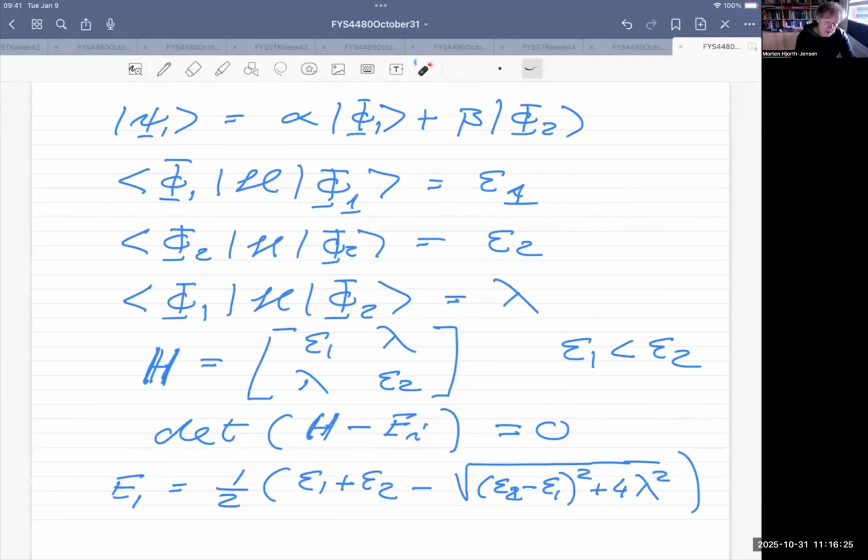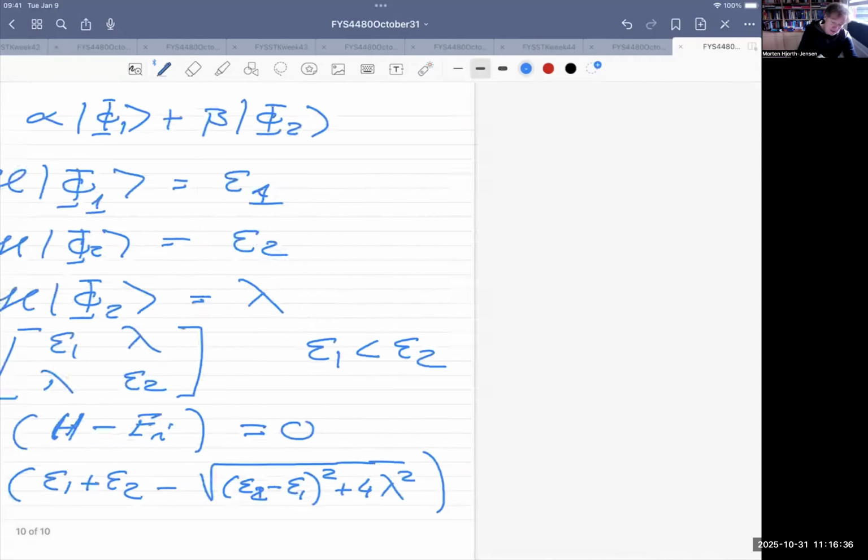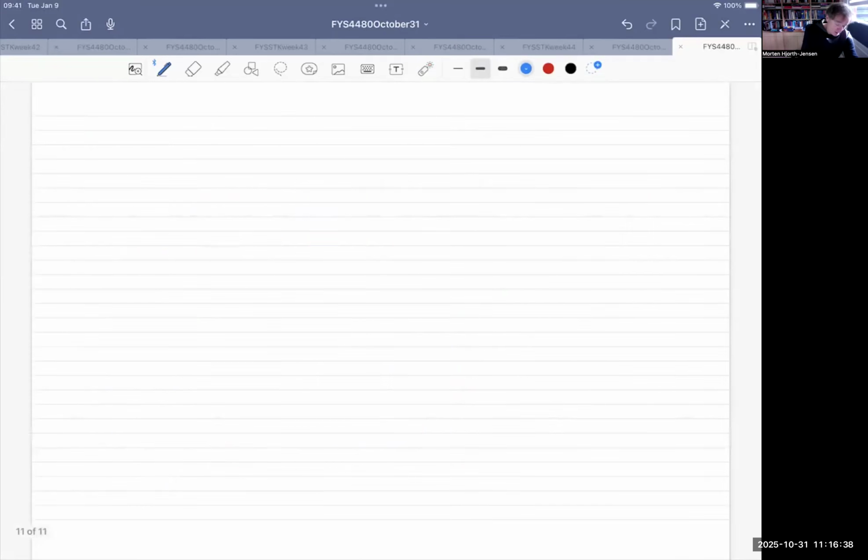So let's now look at what this will look like if we now do many-body perturbation theory with Brillouin-Wigner perturbation theory. So this is going to be our first case. So let's just label that one with a 1 here, and then we use the acronym BWPT.